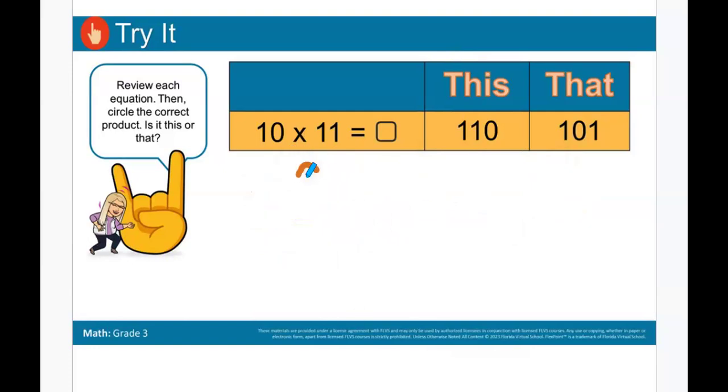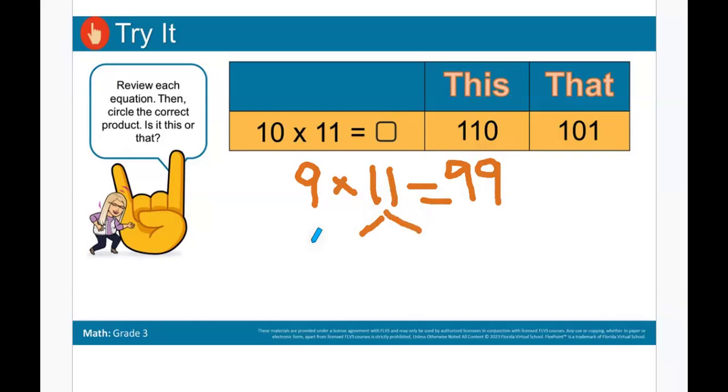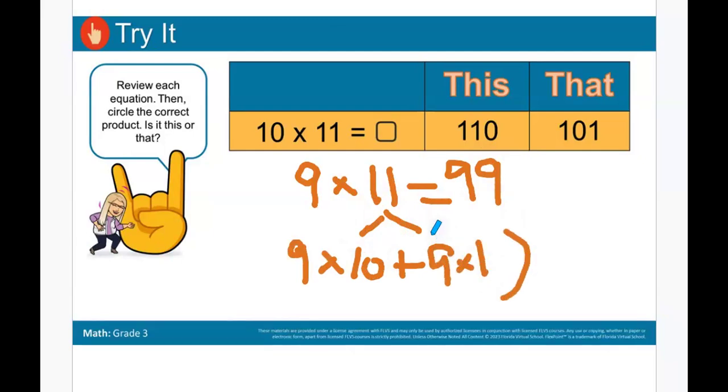If I know that 9 groups of the number 11 is the same number as the 9 and 9 side by side again to make 99, because that's doing 9 times 10 plus 9 times 1, so I know I'm going to get 99.